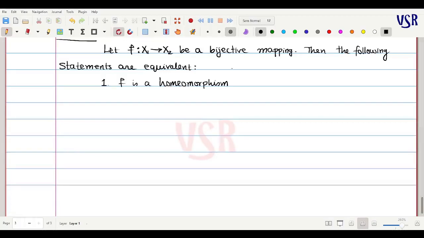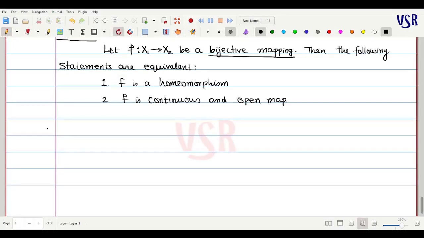Since I have already fixed that f is bijective, here f is bicontinuous, that is, f is continuous and f inverse is continuous. Number 2, f is continuous and open map.